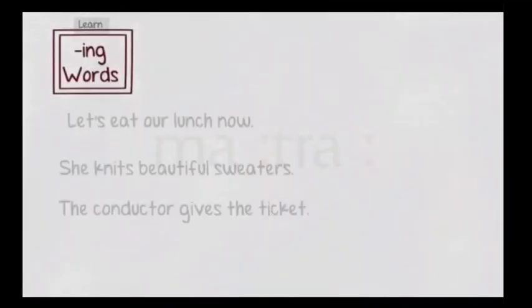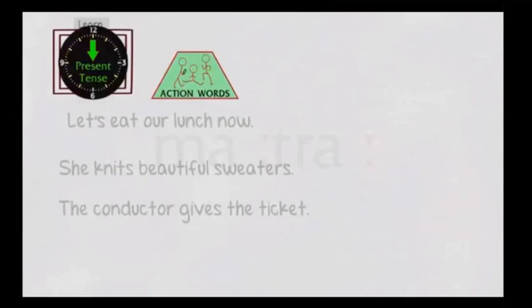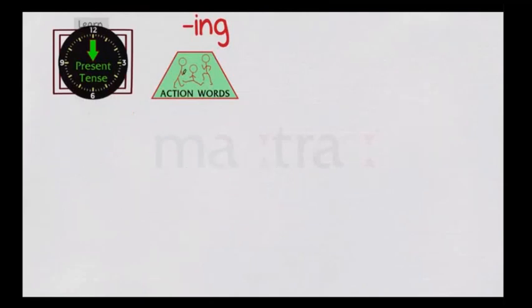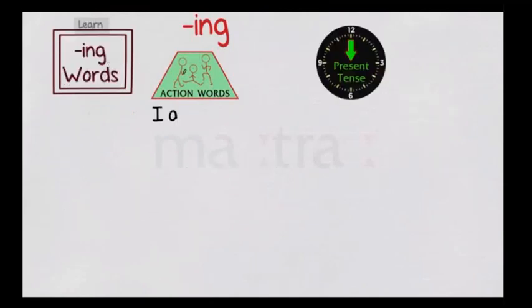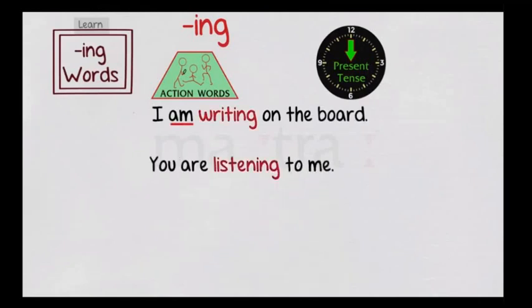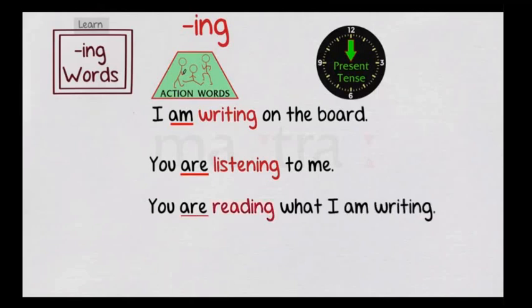We now know how to use action words in the present tense. Let's take a look at ing action words also in the present tense. I am writing on the board. You are listening to me. You are reading what I am writing.